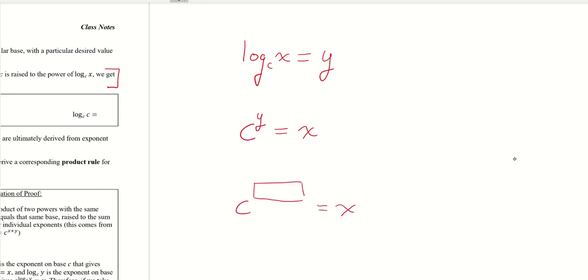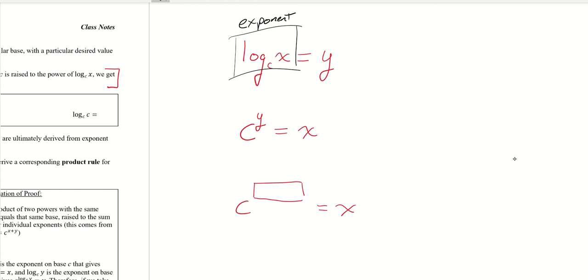So how else could we write this exponential form of this logarithmic statement? Well, we know that this logarithmic term, log base c of x, simply represents the exponent that we would place on base c to get x.